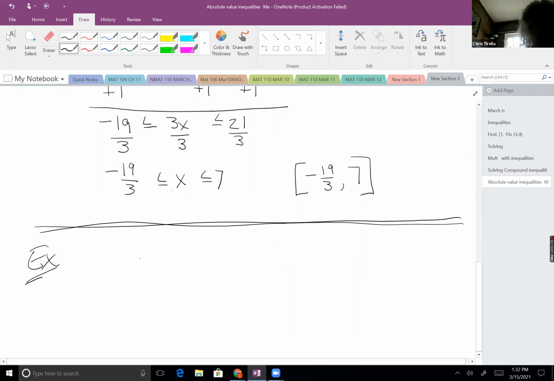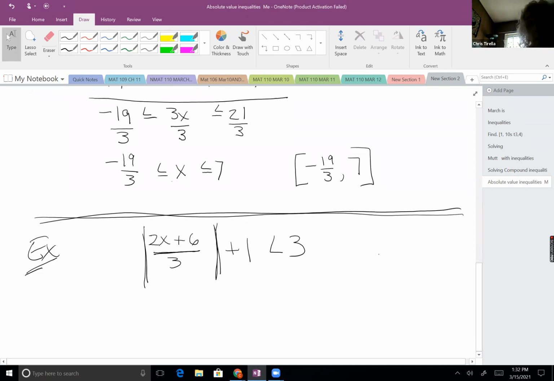Next example, let's look at the absolute value of (2x plus 6) over 3, plus 1, is less than 3. I'm going to leave what's inside the absolute value bars alone and first try to isolate the absolute value, I apologize.